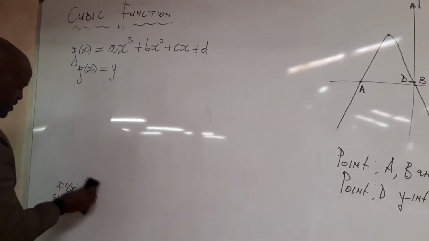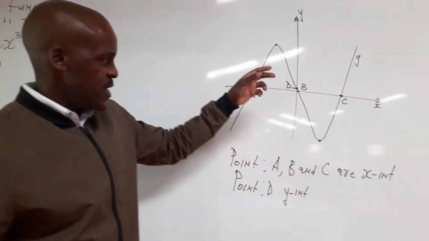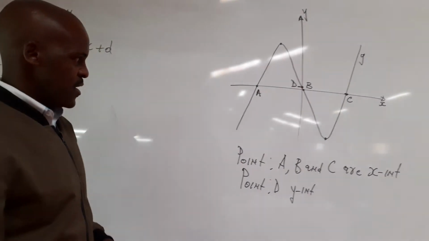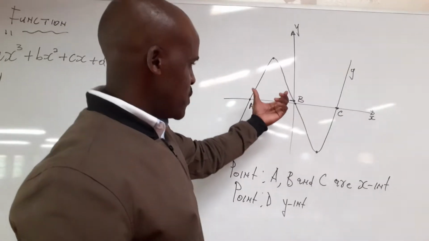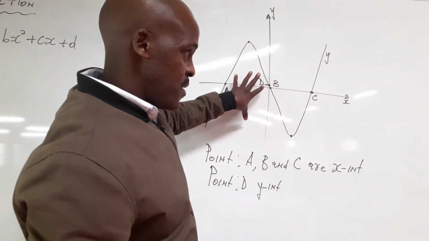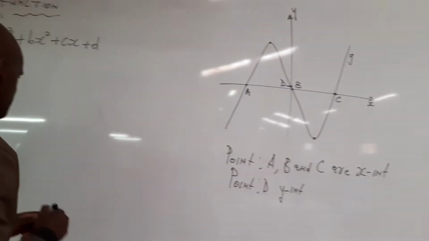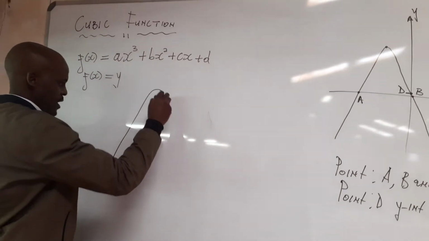We spoke about the stationary point, the x-intercept, and the y-intercept. When you look at the 2 curves, at this one we've got a curve that is facing downward, like that.